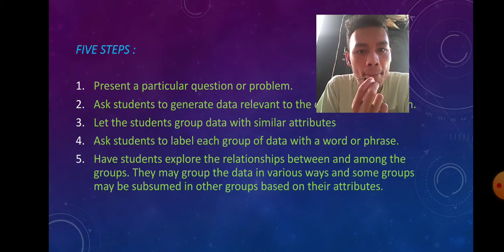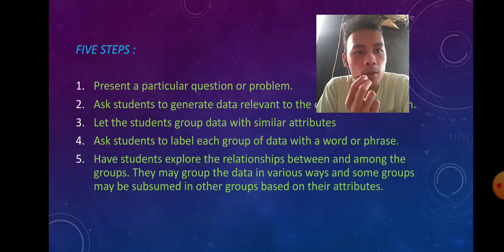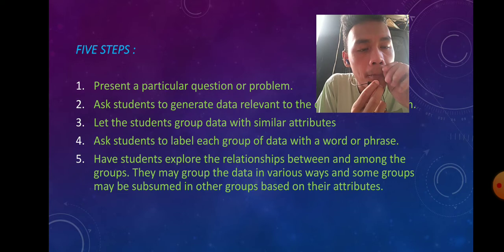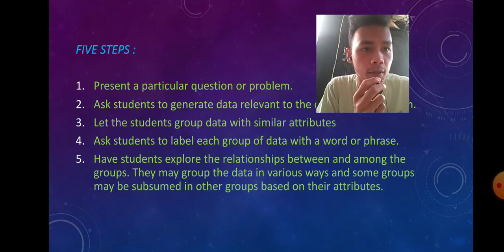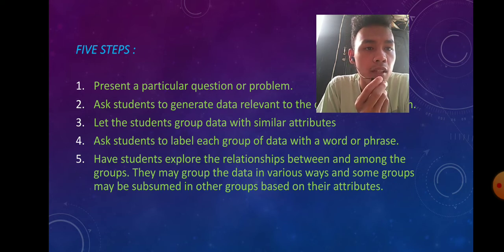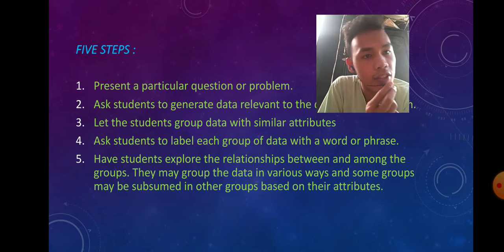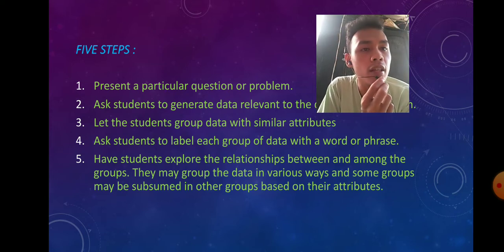we go to step 5, the last one, which is compare and contrast. After they explore and know the relationship between and among the groups, and after they label it with a word or phrase, they may compare it to the other groups of data, based on their understanding of how they define those data.